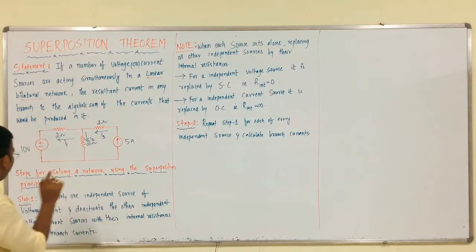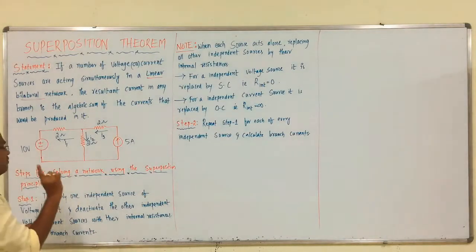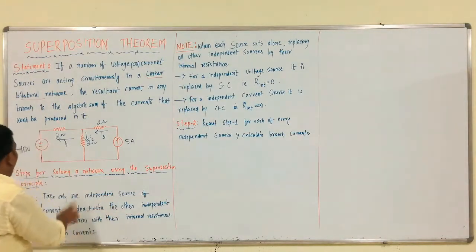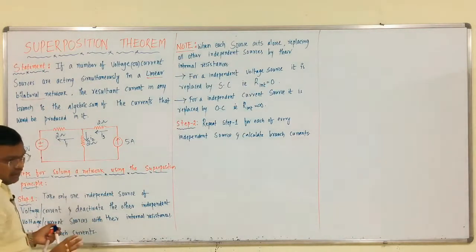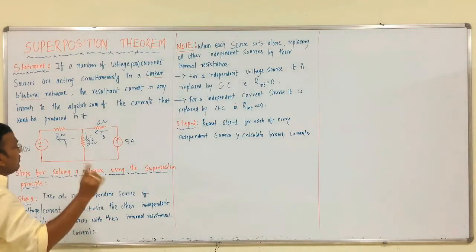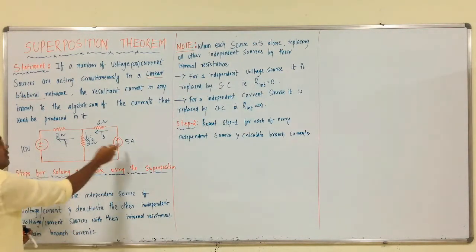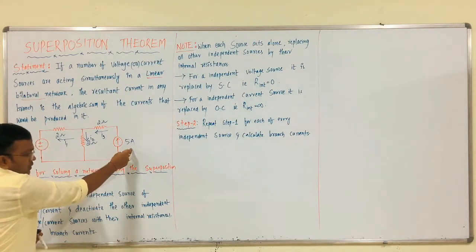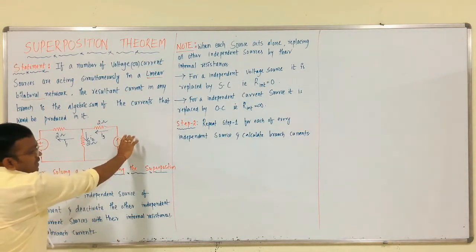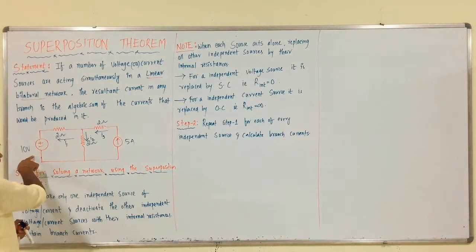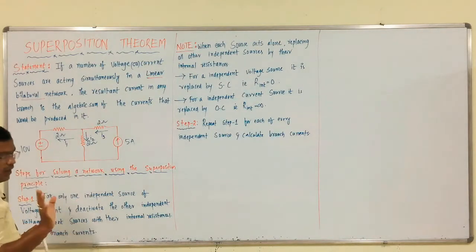Then coming to step 1: take only one independent source of voltage or current. It is our wish. In the first case, if we activate this voltage source, we have to deactivate this current source, or if we activate this current source, we have to deactivate this voltage source. That is it. Okay.